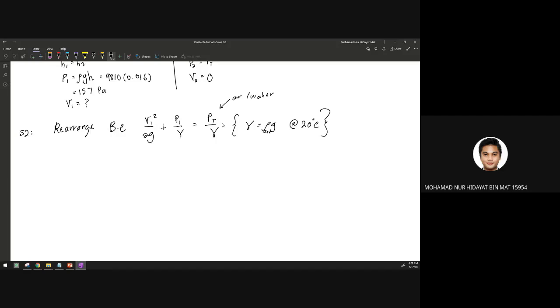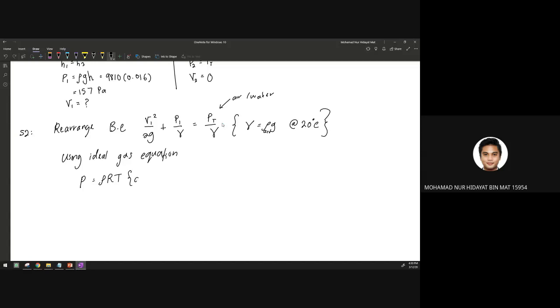In order to get the density of air at 20 degrees Celsius, we have to use the ideal gas equation, because this is air. Remember, P equal to rho RT.